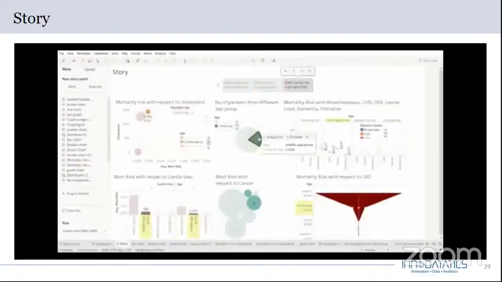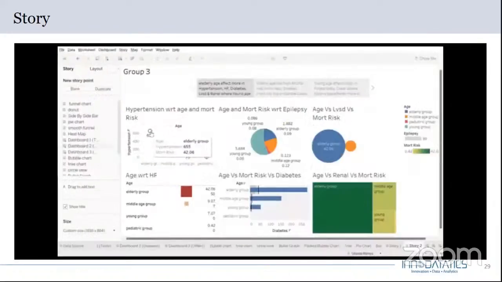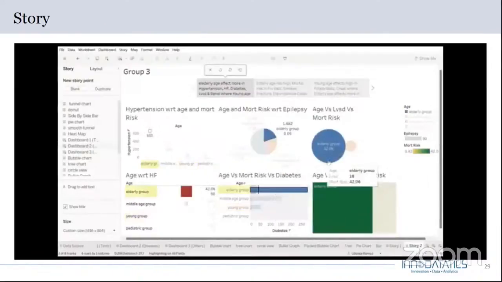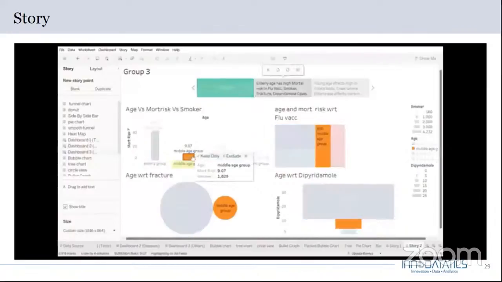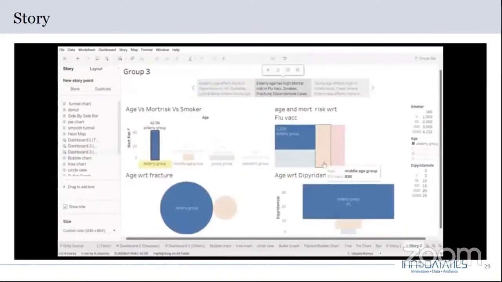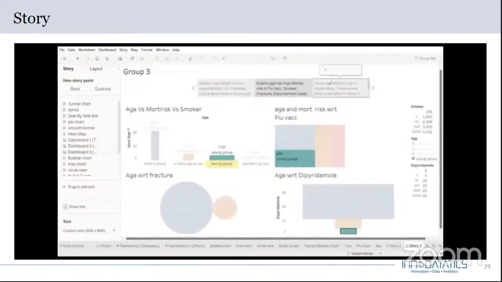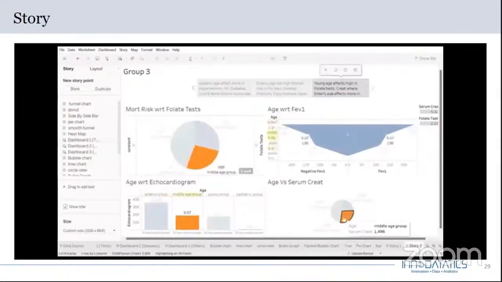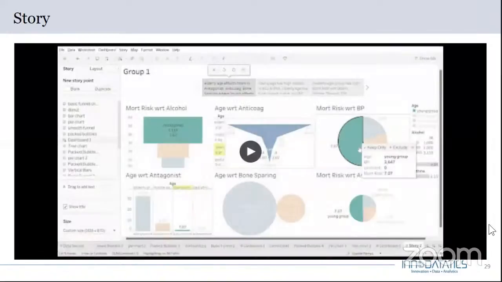Here mortality risk with respect to CKD is high in the elderly age group when compared to the remaining age groups. Here the elderly age group is affected more in hypertension, LVSD, HF, and diabetes. Whereas the elderly age group has high mortality risk in flu vaccine, smoker, fracture, and dipyridamole when compared to the remaining age groups. The young age group is affected more in folate test and creatinine, whereas the elderly age group is affected more in FEV1 and echocardiogram.